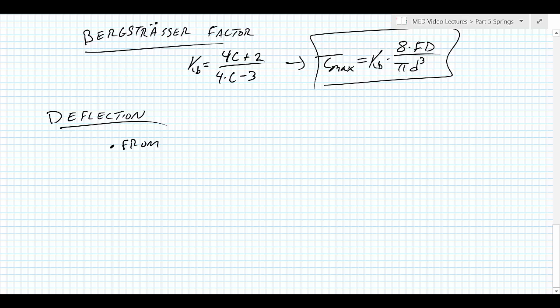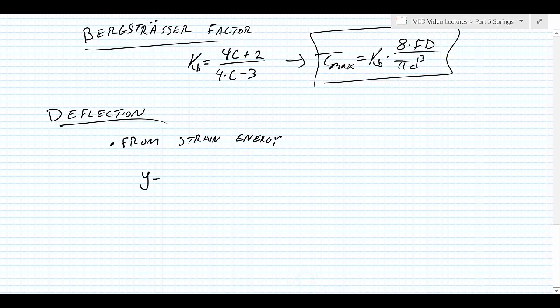You can follow it in the Shigley book if you like, but basically from strain energy, what you can find is that the amount a compression spring is going to deflect is related to that force. Let's say 8 times force times D cubed times number of coils divided by d to the fourth times the shear modulus of the material.